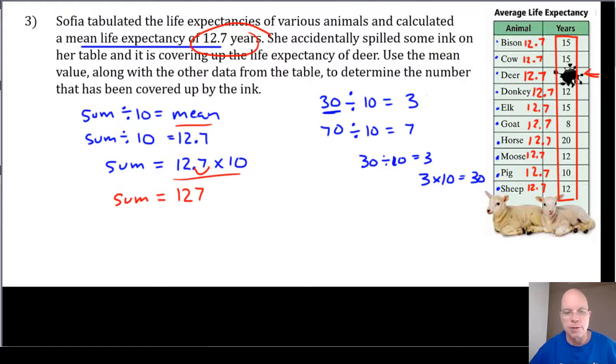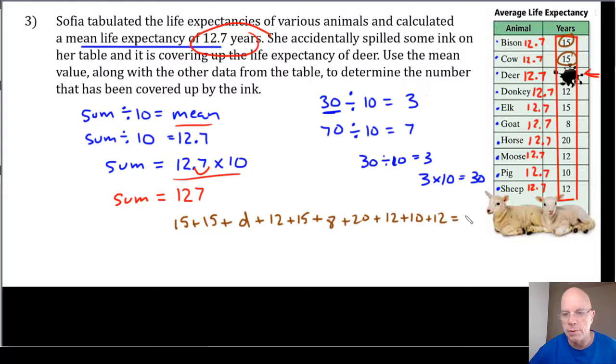I'm going to write an expression for the sum. The sum will just be adding all these life expectancies together. So I have 15 plus 15 plus, I don't know deer, so let's just use D for deer, plus 12 plus 15 plus 8 plus 20 plus 12 plus 10 plus 12.